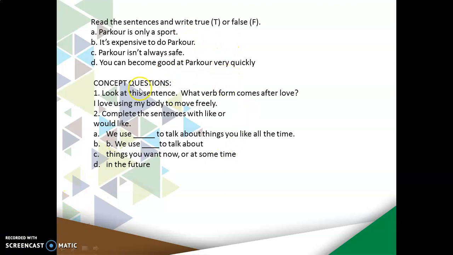After that, we design some concept questions to focus on the form that we want to teach in that specific lesson.